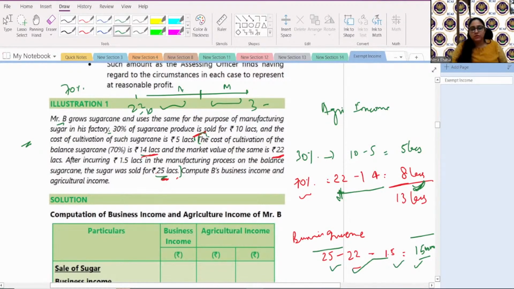Ganesh, is it clear? I calculated the business income on the gross receipt minus expenses, the way I did it for the agricultural income. This is an important question.